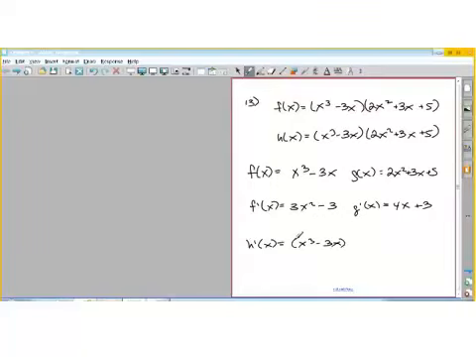So you get x cubed minus 3x times g prime of x, 4x plus 3. The second term is this direction. So you get 3x squared minus 3 times this term, 2x squared plus 3x plus 5, close parentheses. So that's the derivative.